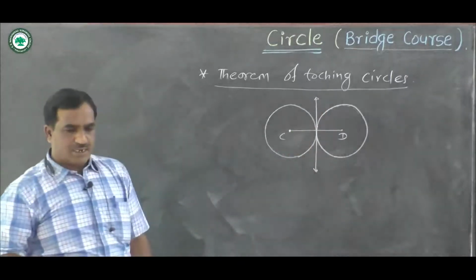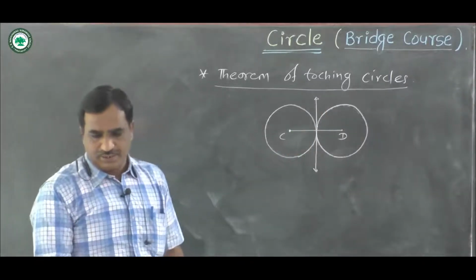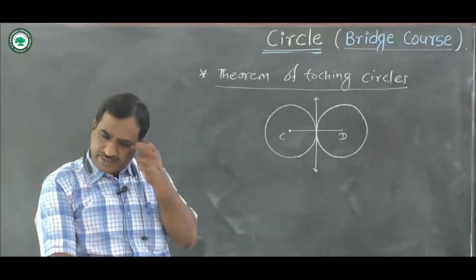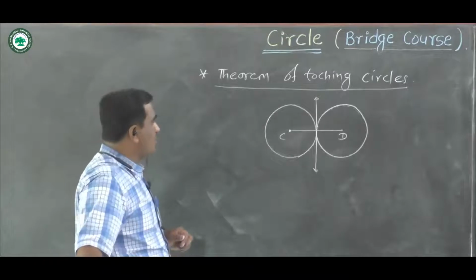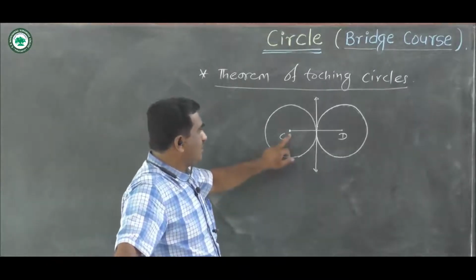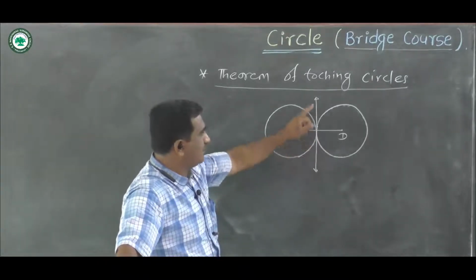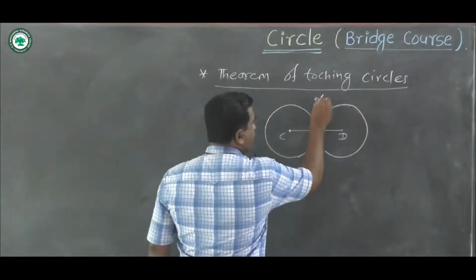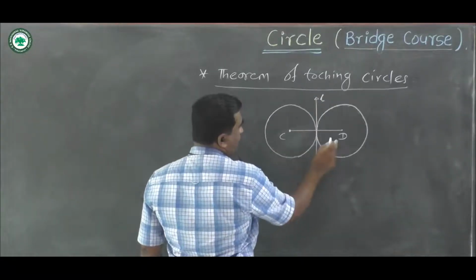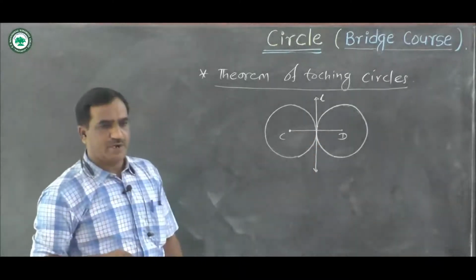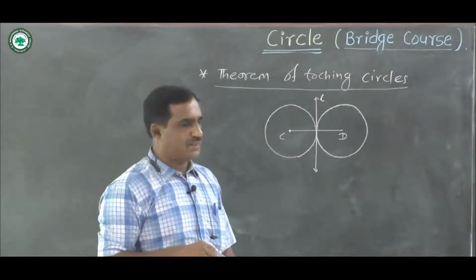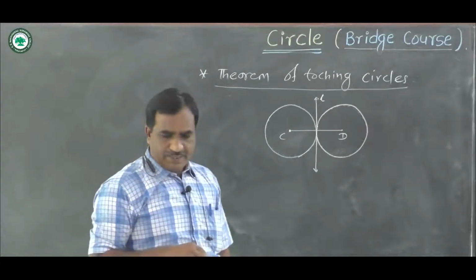If two circles touch each other externally, the first property is that their point of contact lies on the line perpendicular to the segment joining the centers of the circles. This line L is perpendicular to the segment CD, and passes through the point of contact of the first circle and the second circle.